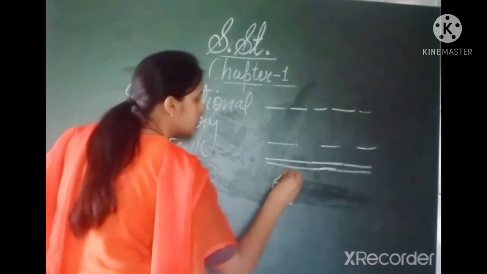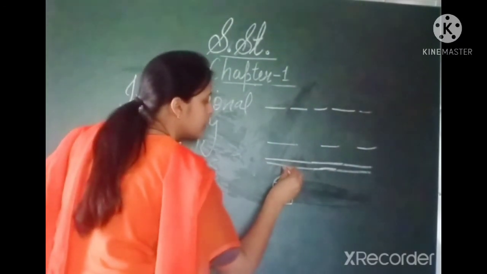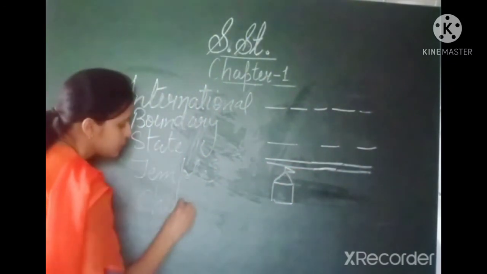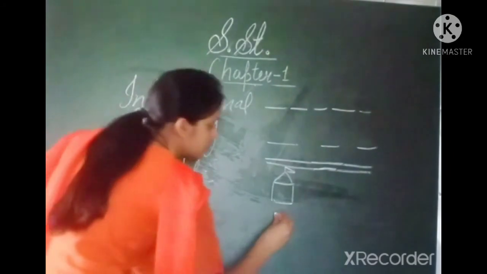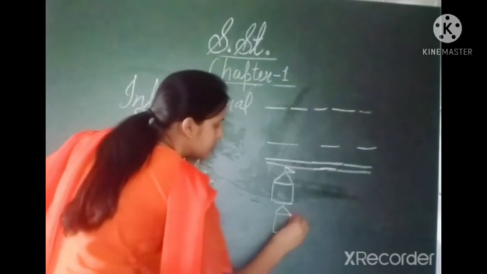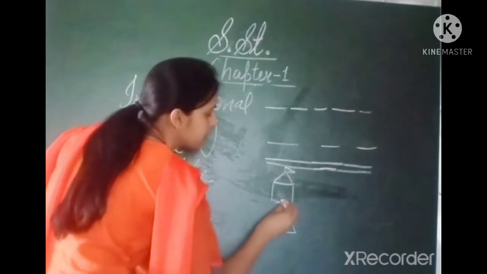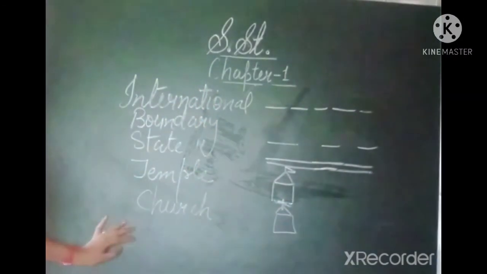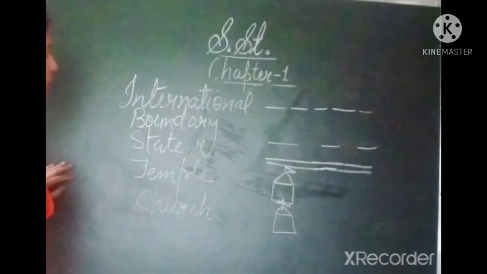Now let's see the temple. A rectangular box, a temple-like structure. Then the church, and on the upper side a cross is marked. Now in the same way there are lots of things.